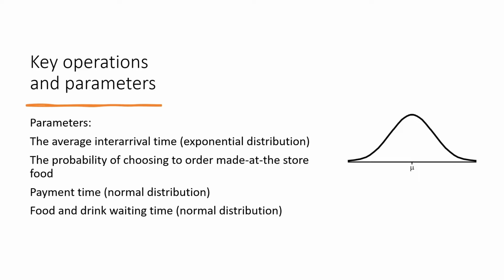Finally, for payment and food ordering waiting time, we assume this follows a normal distribution, which is used to randomly generate the time that a payment server serves a customer and the time a customer waits for their food at the food prepper.